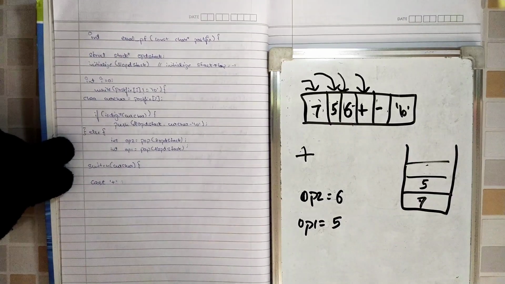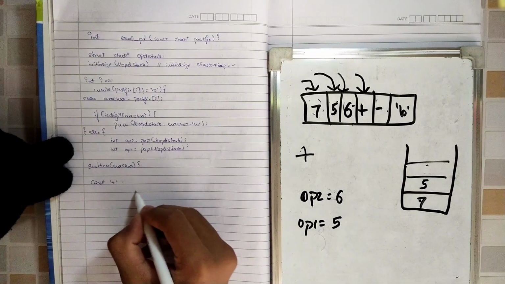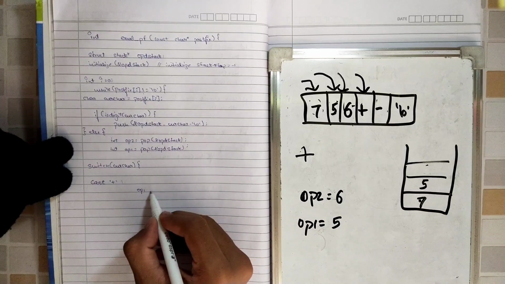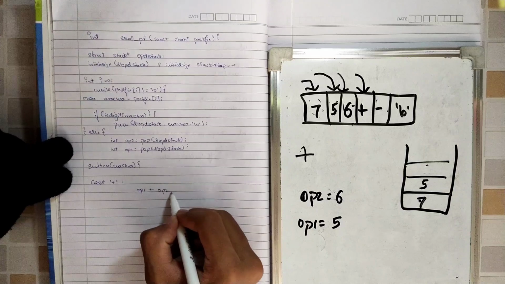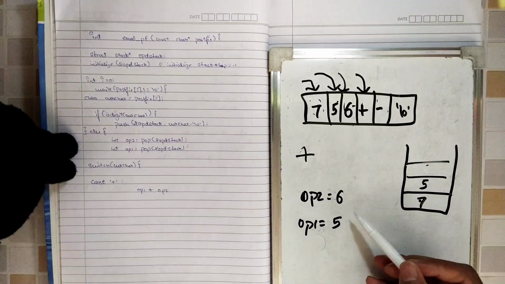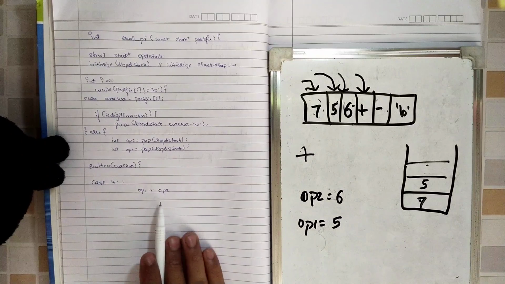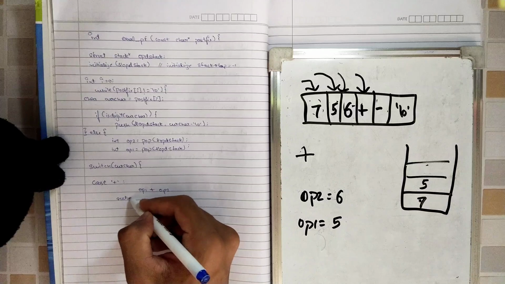If it is case plus, what we do is return op1 plus op2. So here we will put plus. In this case, operand 1 plus operand 2, and we return that value.